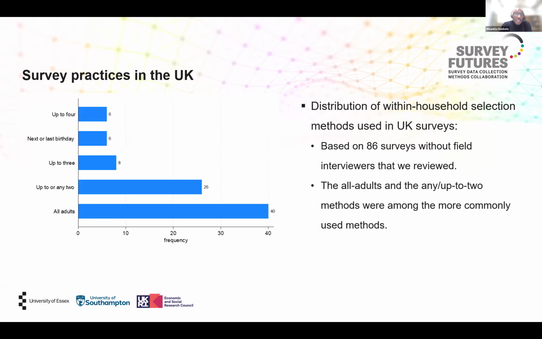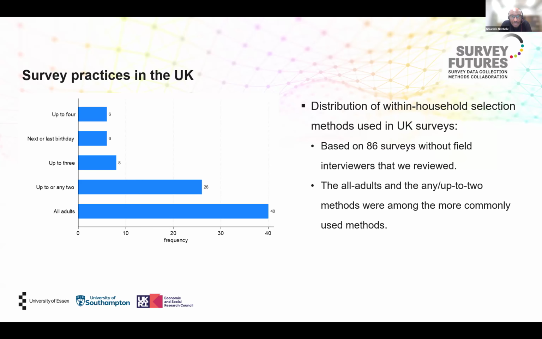Now, what we found in the UK, this is just a distribution of the surveys that we looked at. So it's just a sample of those surveys. In total, there were 86 surveys that didn't use interviewers that were reviewed. You can see here that among the most common ones, it was the one that looked at all adults and the NE2.